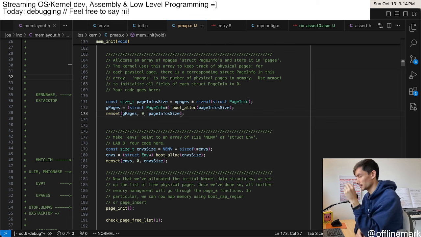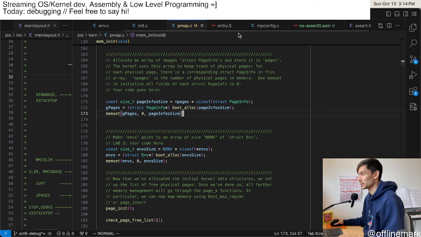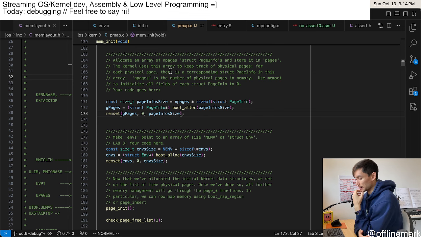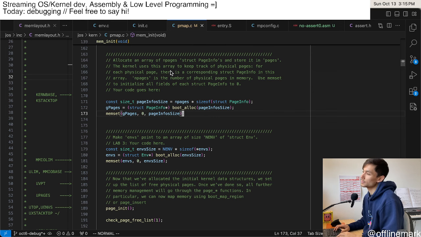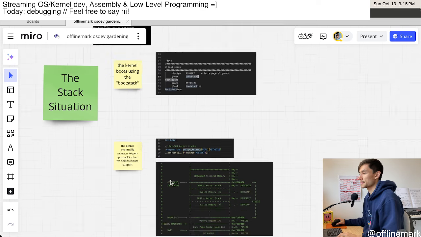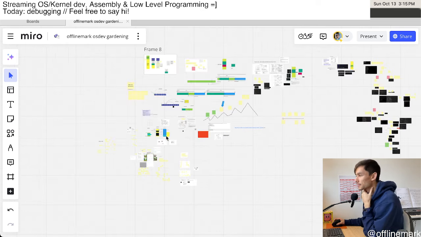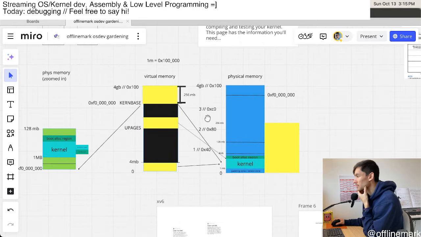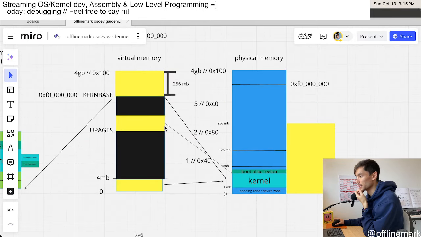The first thing that happens is there's this ultra basic virtual memory setup that basically only maps the kernel. Kind of like right here.